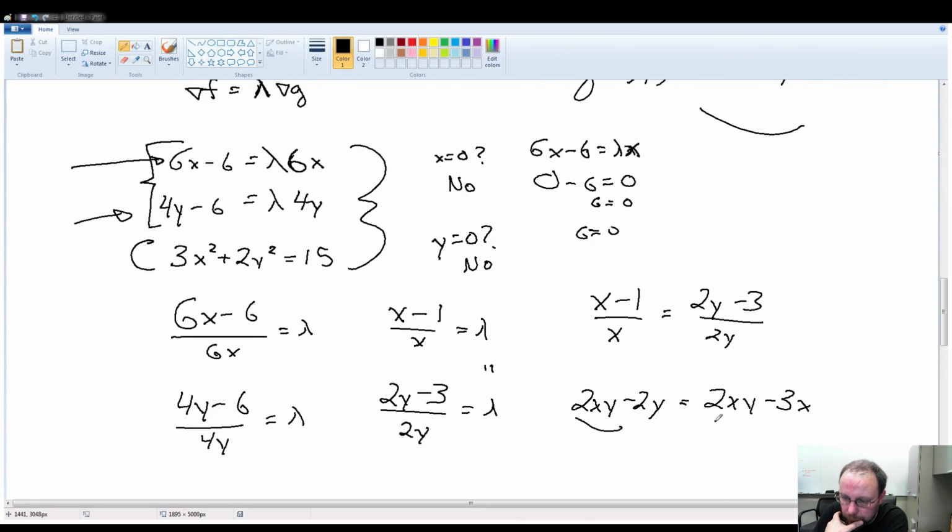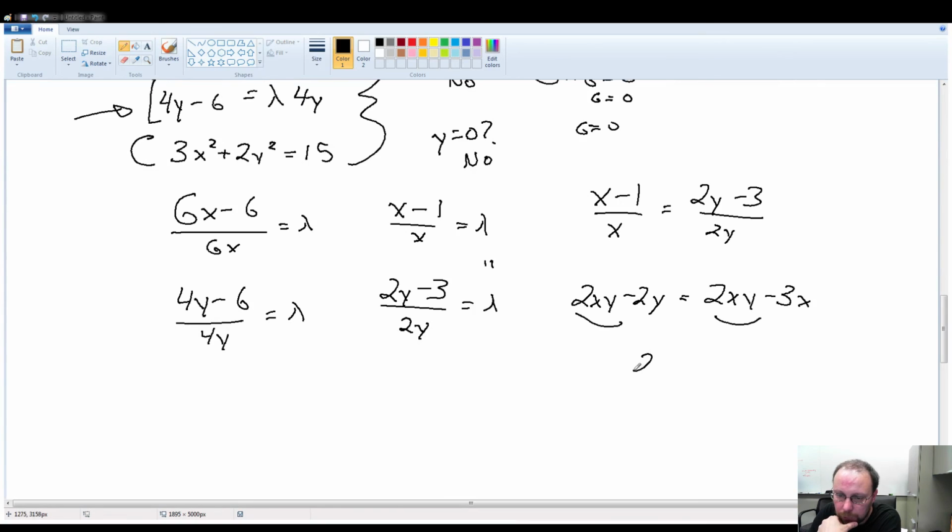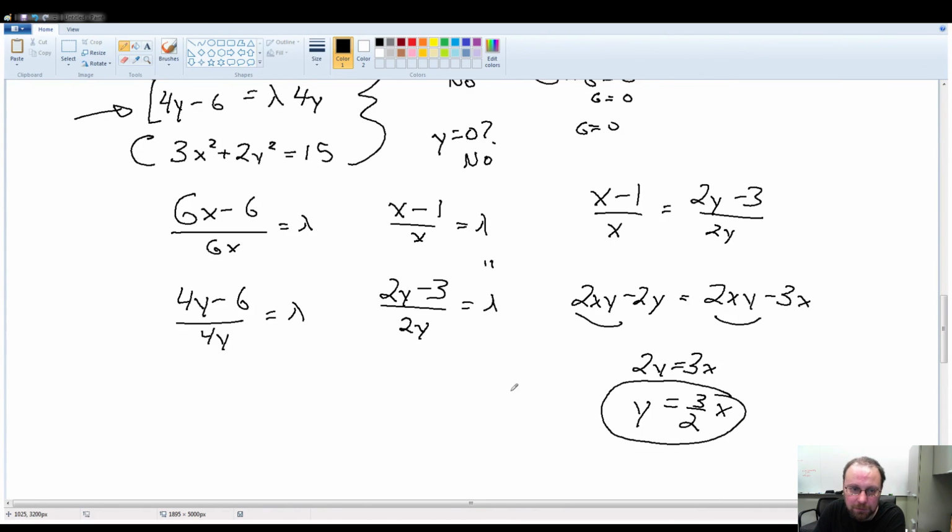And these two terms cancel. And we get 2y equals 3x. Or if you'd like, y is 3/2 of x. Okay, so that's a relationship between x and y, which I can now take and use together with my constraint.